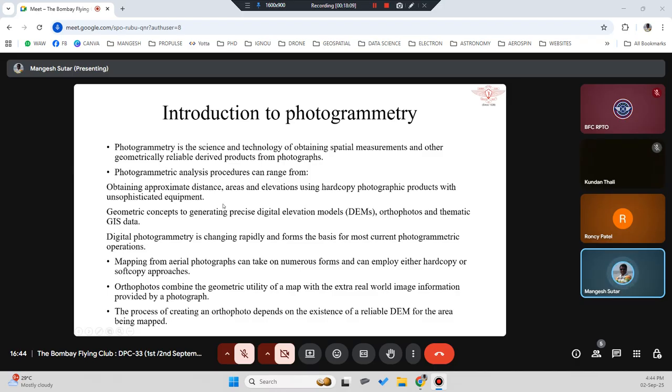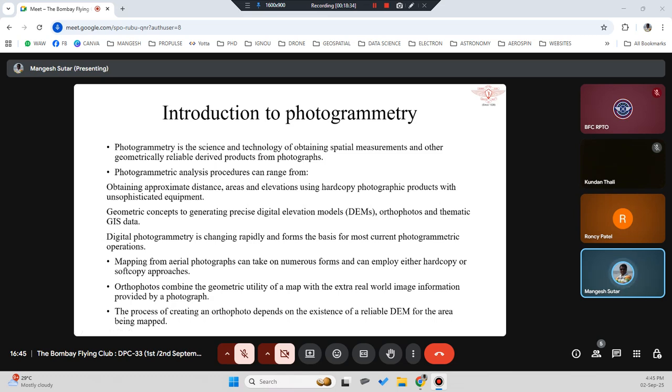But by utilizing the digital concept, the geometric concept of generating precise digital elevation models, orthophotos and thematic GIS data. So digital photogrammetry is changing rapidly and forms the basis of most current photogrammetry operations. Because of the advancement of technology and digital photogrammetry being available, photogrammetry has evolved enormously.